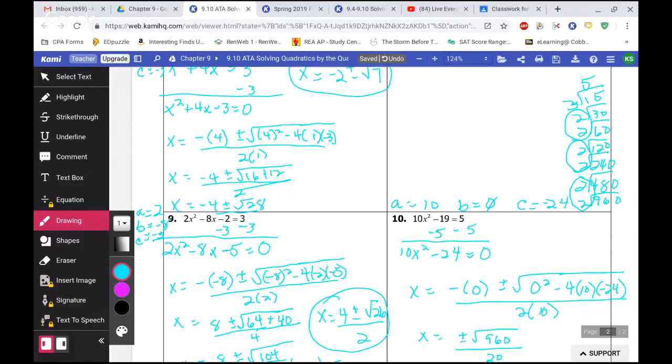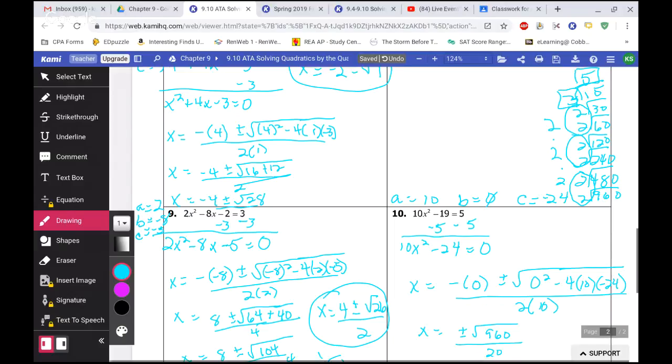That means outside the radical, I would have 2 times 2 times 2, one 2 for each pair of 2s. And then inside the radical, I would have 3 times 5.